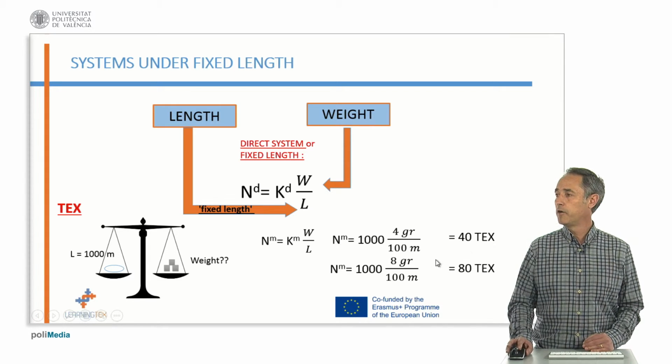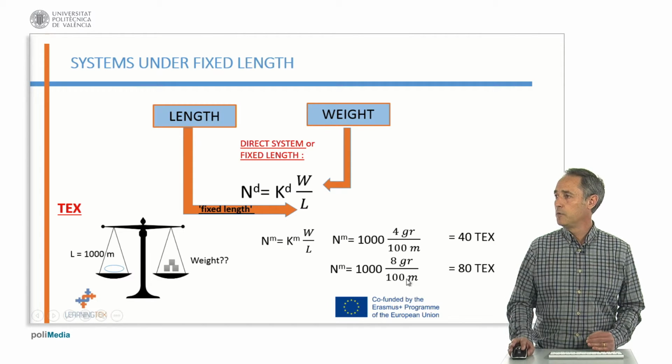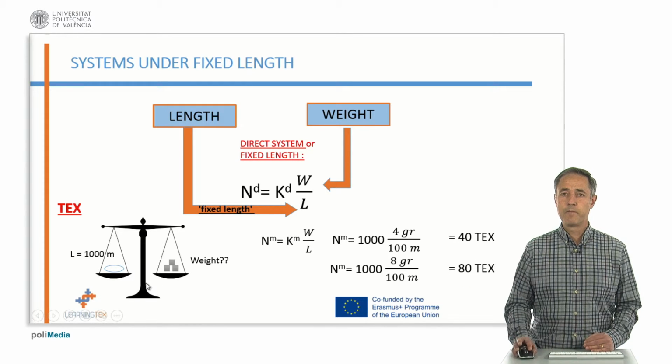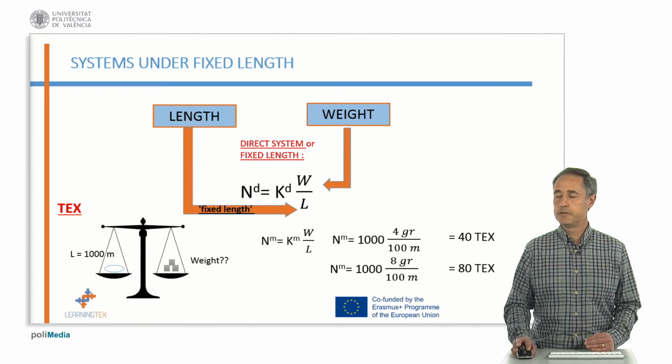And if I have another yarn with the same length, but the weight is 8 grams, the number of the yarn is 80 tex. In fixed length systems, or direct systems, the yarn becomes thicker as the count number increases.